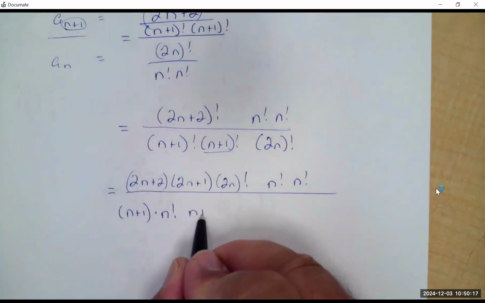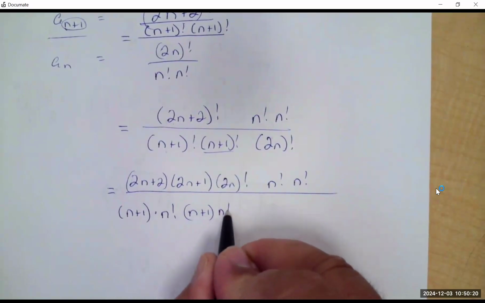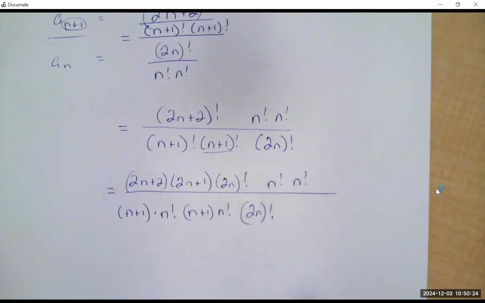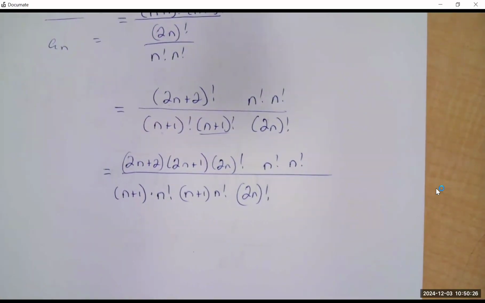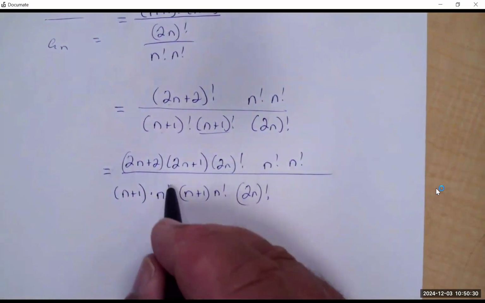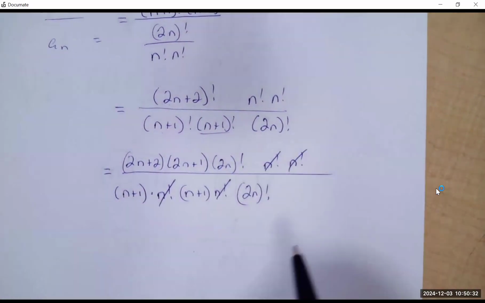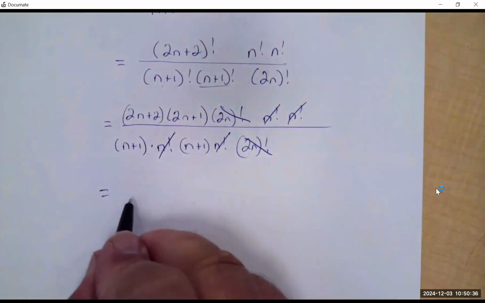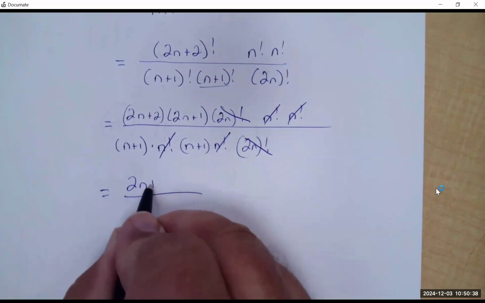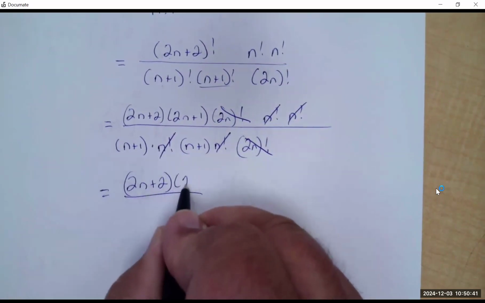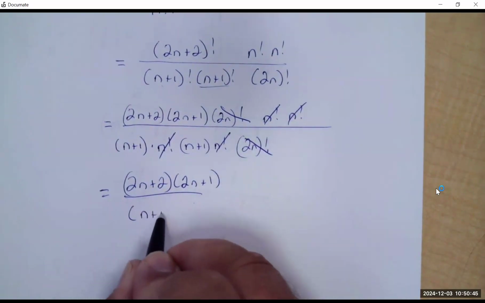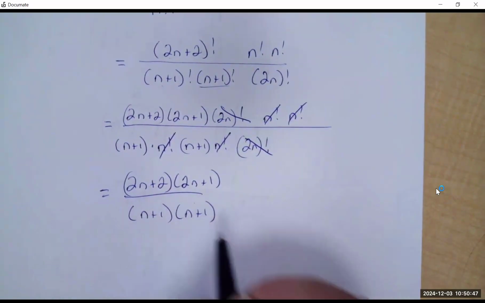Same thing with that one. N plus 1 times n factorial over 2n factorial. I just stretched them out because now I can see what's in common and cancel them. The n factorials can cancel. The 2n factorial can cancel. So that gives me 2n plus 2, 2n plus 1 over n plus 1, n plus 1.